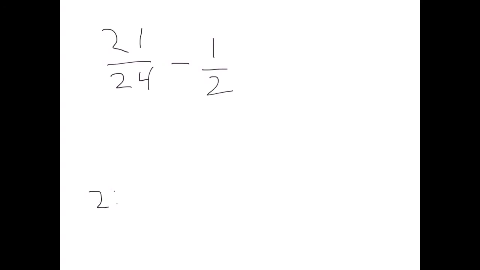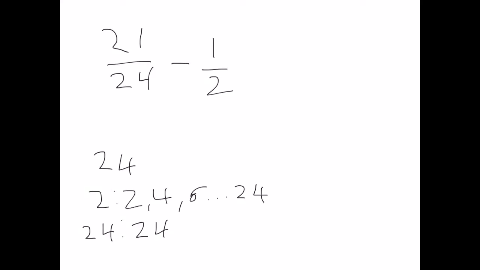That'll be 24, and the more you go, you will get to 24 after you do it 12 times. So once you get there, you'll be able to rewrite and then subtract.